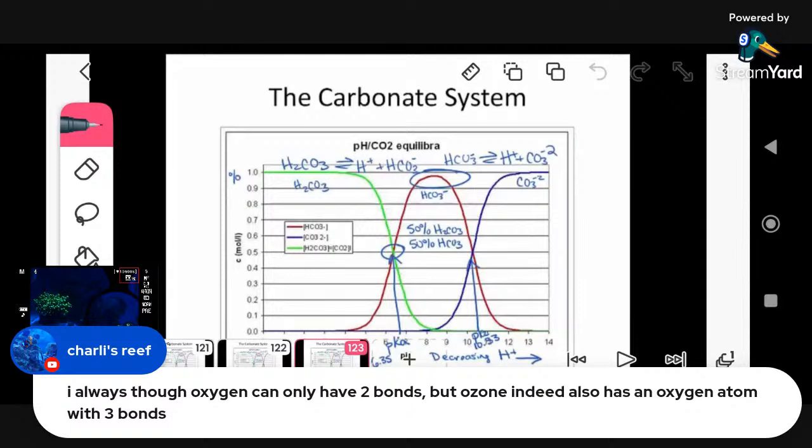I always thought oxygen can only have two bonds, and ozone needed also has an oxygen atom with three bonds. If I remember correctly, wait, how many valence electrons does oxygen have? 8 or 6? 1, 2, 3, 4, 5. How many valence? I need to look at a periodic table real quick.